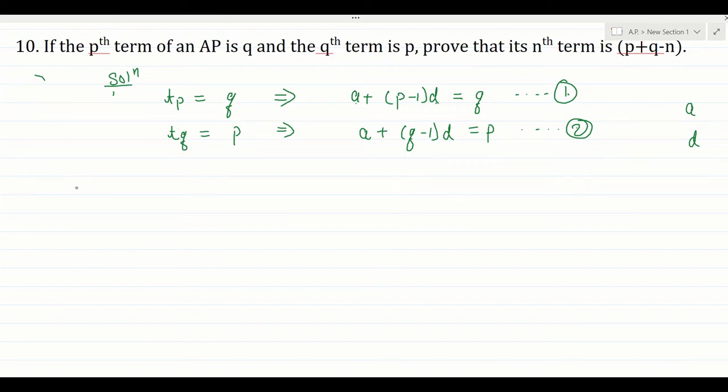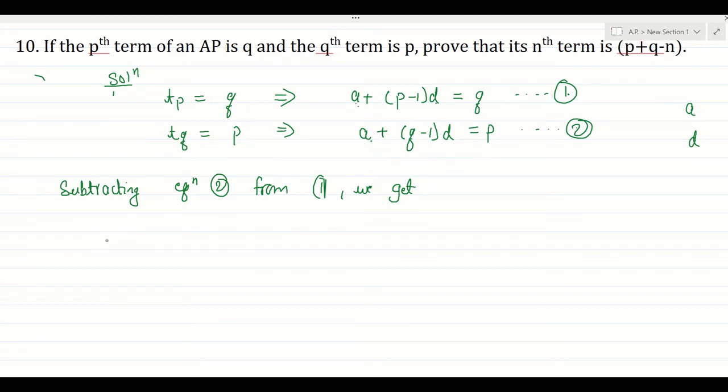So subtracting equation 2 from 1, we get, what do we get? When you subtract 2 from 1, this a and this a is cancelled, isn't that?